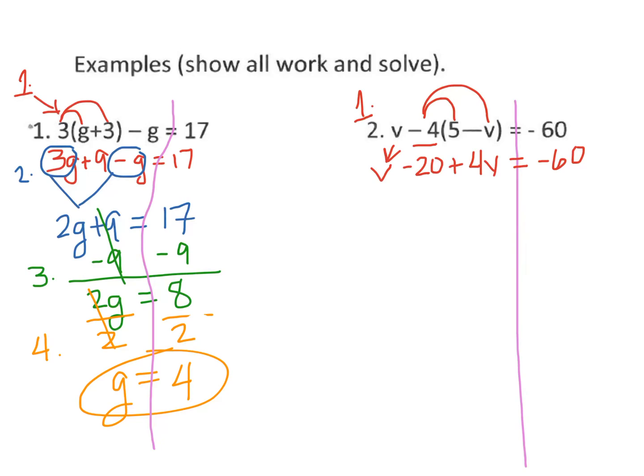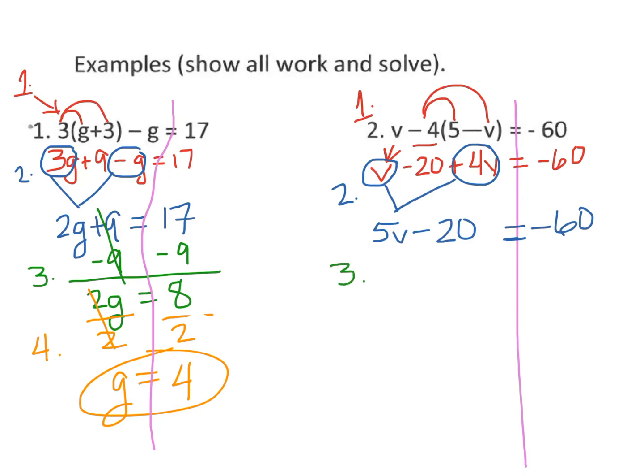Now I can go to step 2, which is to circle my variable terms. I can see right now that both variable terms are on the left side of the rose line, so I'm going to simply combine them. 4v plus 1v is 5v. Bring down the -20, bring down the -60 in the equal.